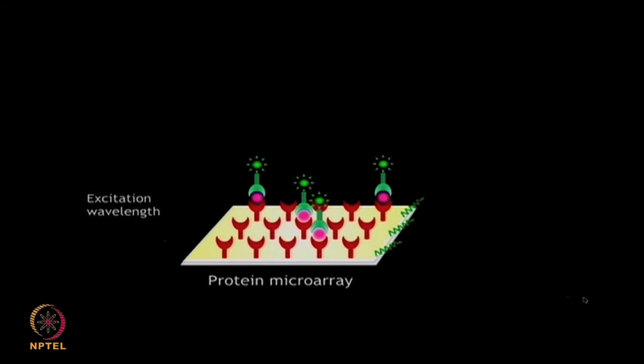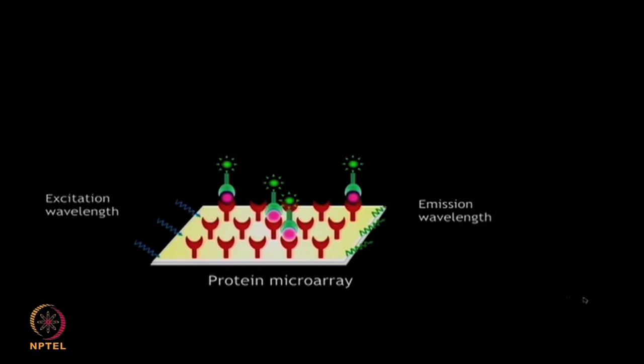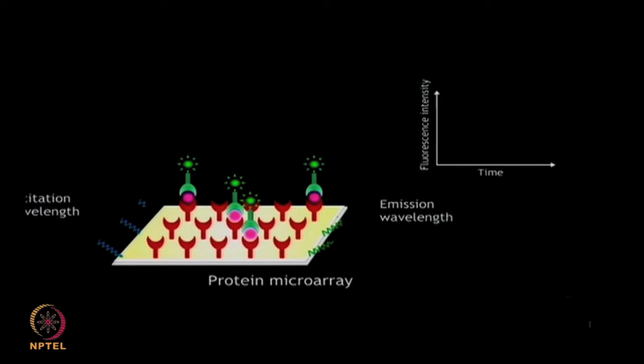The excess unbound secondary antibody is washed off and the fluorescence is measured by exciting the array with light of suitable wavelength. The resulting emission is measured using a microarray scanner and can be used to quantify the corresponding antigen antibody interaction.